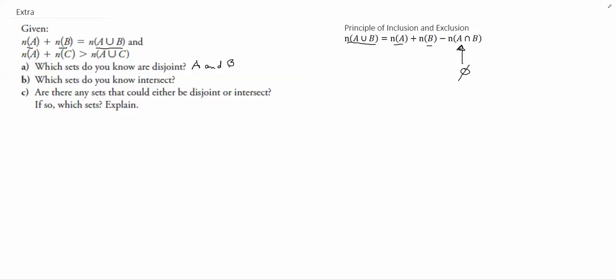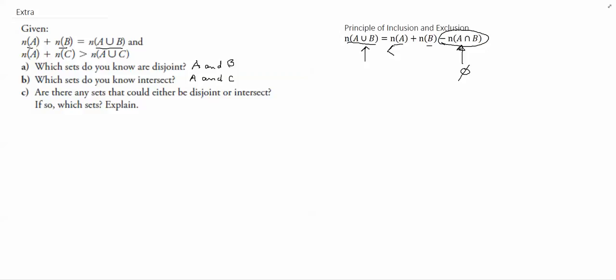Now, if I look at A and C, I add the number of elements in A and the number of elements in C, and that's greater than the number of elements in the union of A and C. That means that if this side is greater, we haven't yet subtracted out the intersection. And so set A and C must be intersecting.